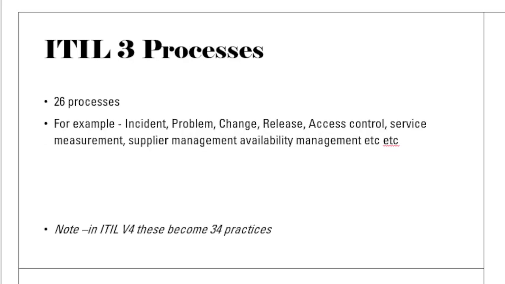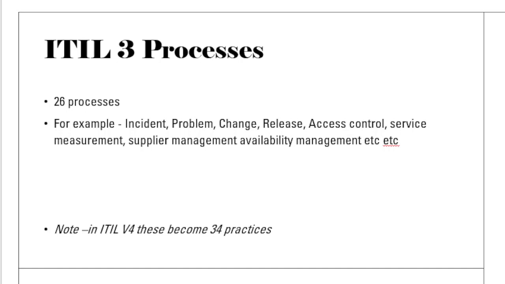Okay, ITIL processes. So quite often you will hear a lot of the processes such as incident management process or problem management process. But what are these processes? So in ITIL 3 there's 26 processes, and I went through them on the slide a few moments ago, in fact.